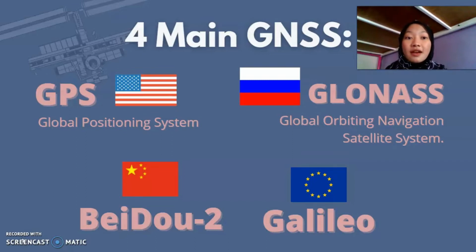As of the year 2020, there are 4 main GNSS systems. First, GPS, which is America's Global Positioning System; second, GLONASS, which is Russia's Global Navigation Satellite System; third, Beidou 2, a system developed by China; and the last one is Galileo, a system developed by the European Union.